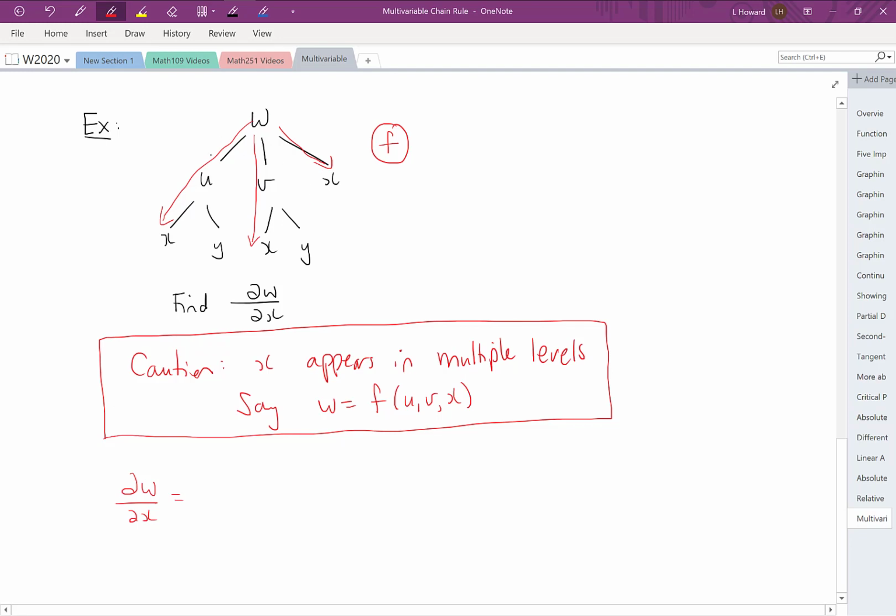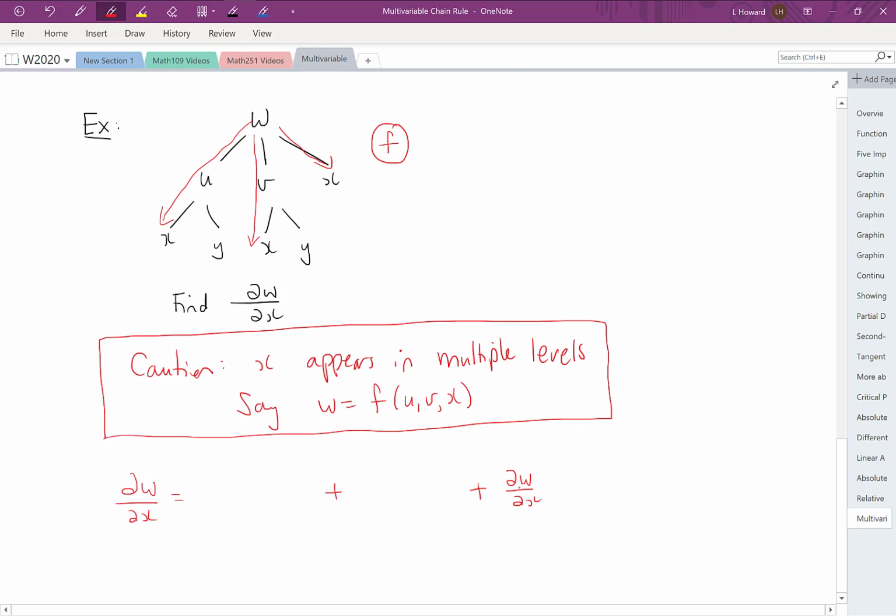Okay, so if we start mapping out these paths, we're certainly going to have 3 terms in this expression. Let's space them out a little bit better. Okay, and in that third path, if we had not thought about naming the function f, initially we would just write something like partial derivative of w with respect to x.